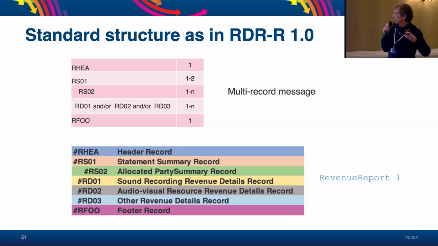The details are related to the resources that have generated the revenue. If you have a sound recording, all the revenue generated by sound recording is dealt with using a sound recording revenue details record, which is identified by an RDR1 tag at the beginning of the line. So that's where you list all the revenue details that a specific sound recording has generated.